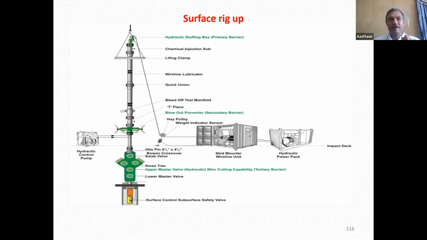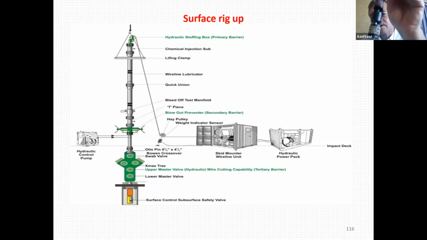What makes the seal, what prevents the well pressure escaping out, it is the stuffing box, because the stuffing box has inside these seals. See? These are the seals, rubber seals. These rubber seals seal around the wire, preventing the well pressure escaping to the surface.